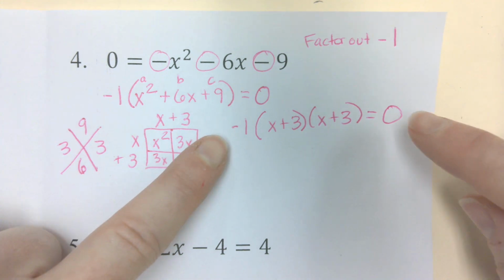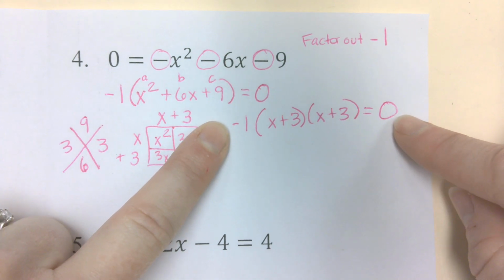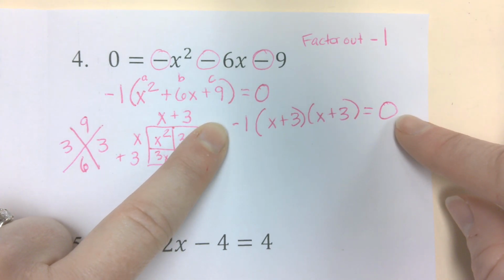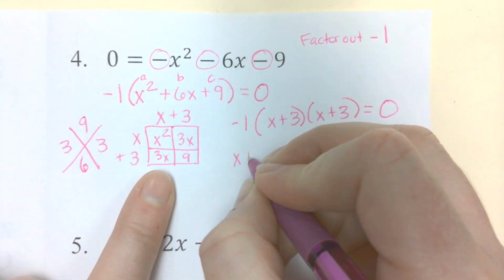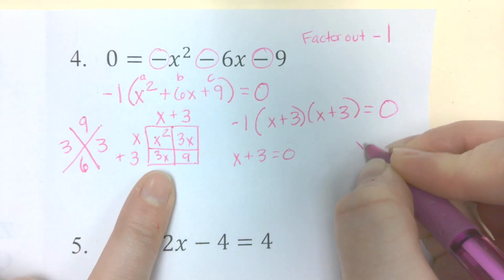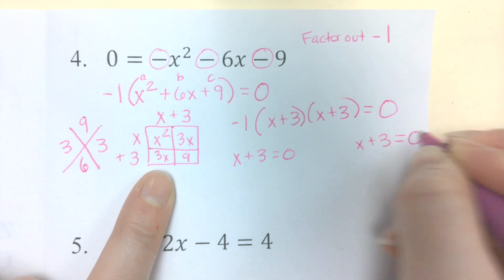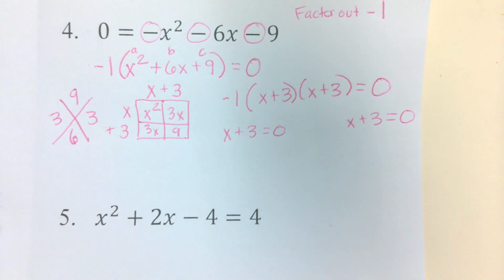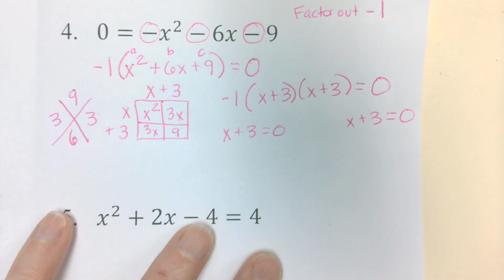Okay, does -1 equal 0? No. Do I really need to write that down? Nah. I'm just going to start with X plus 3 equals 0. X plus 3 equals 0. Now solve them.